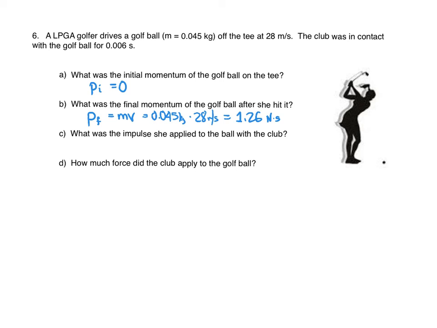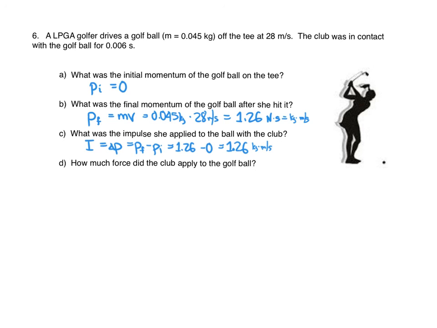I just kind of answered C. So the impulse equals the change in momentum, which is the final momentum minus the initial. So it would be 1.26 minus 0, or 1.26. Those units, whether it's kilogram meters per second, are equivalent. A newton second is the same thing as a kilogram meter per second, so I'll keep this as kilogram meters per second, everybody.